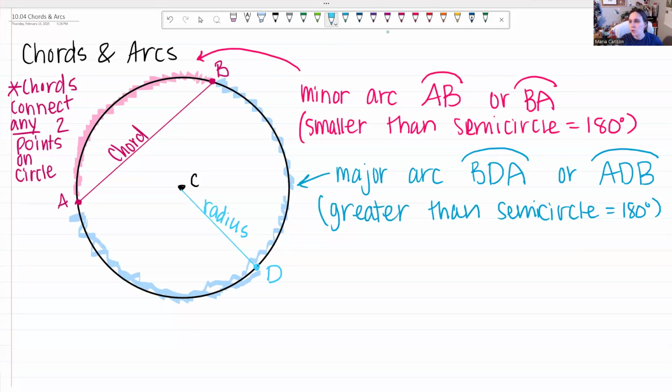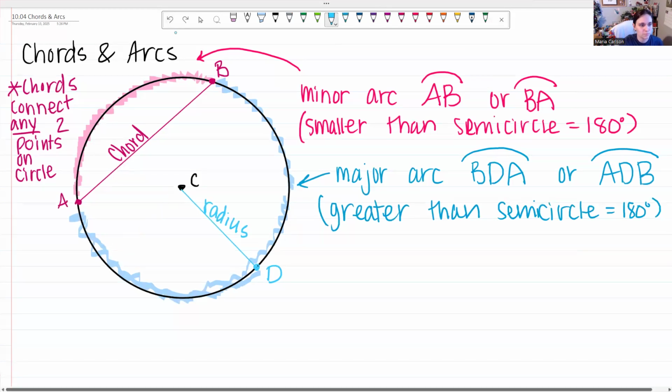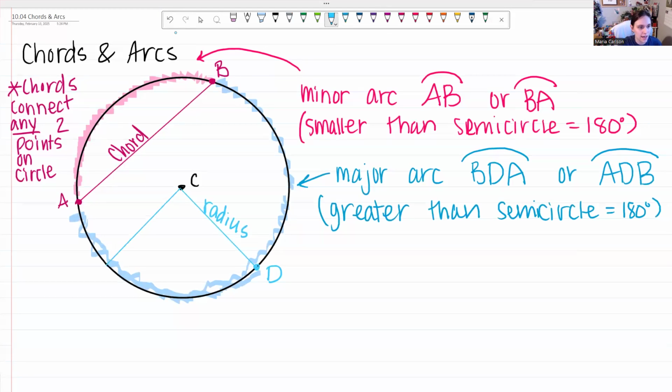Now, if I have multiple radii within my circle, so here's my radius CD, and I'm going to draw radius CF. That creates what is called the central angle.